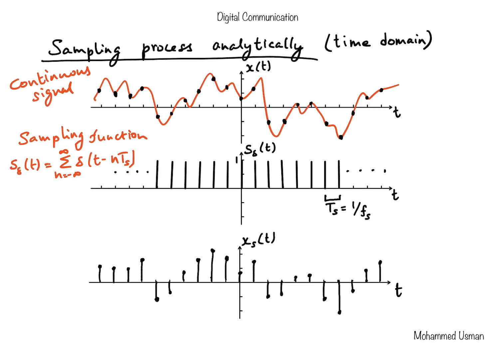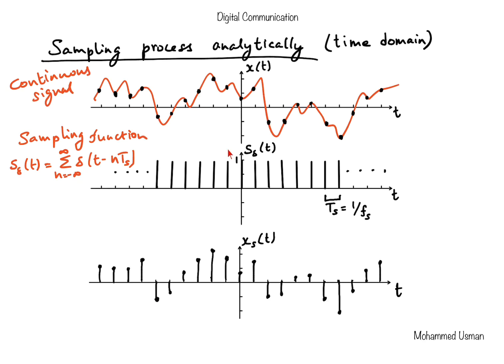And by using the sampling function, we can produce the effect of sampling by simply multiplying our continuous signal x of t with the sampling function s delta of t, and that would give us our sampled signal xs of t.